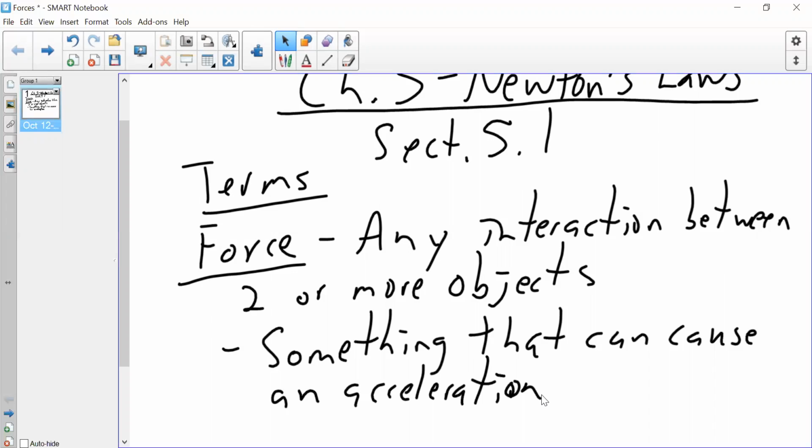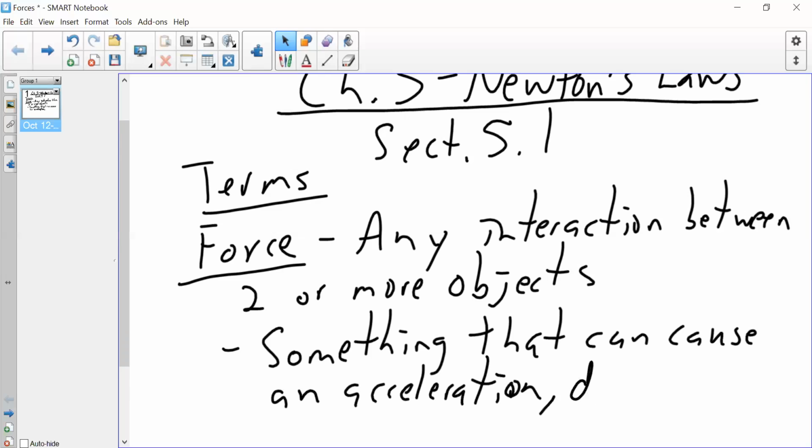But in the case of unbalanced forces, your net force, you have a force that is larger than the other forces in question. So therefore, you can cause an acceleration in that case. And that's Newton's second law. So force is something that can cause an acceleration.